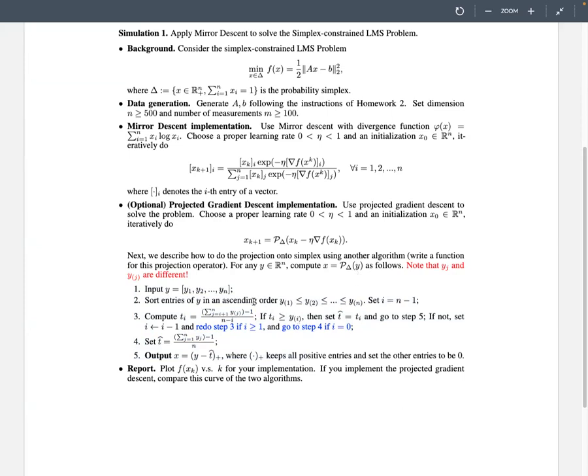You have to rearrange the entries in ascending order and do some complicated steps. It's hard to explain what's going on here, but you rearrange the entries in ascending order and then do some for loops to get this projection.